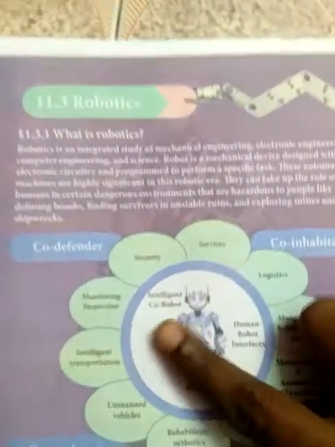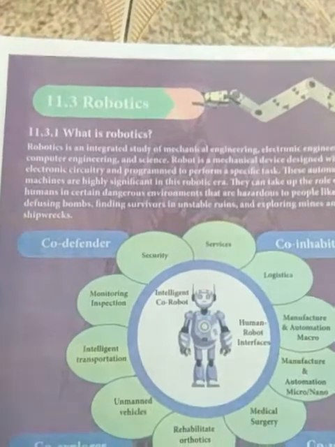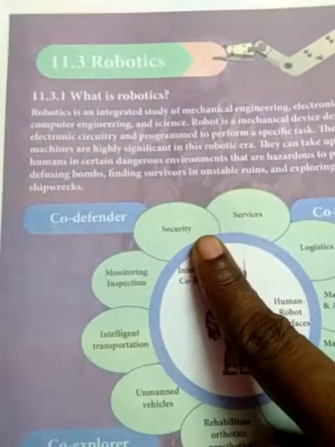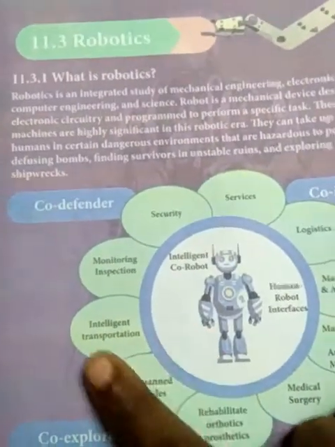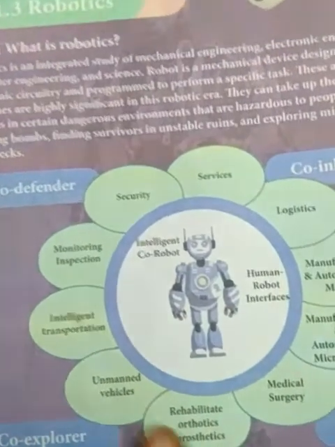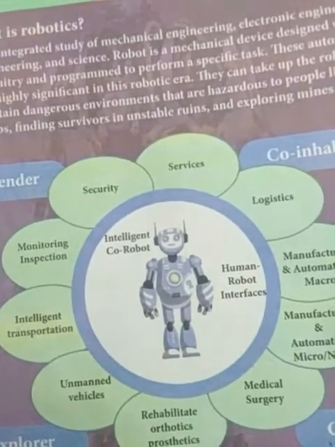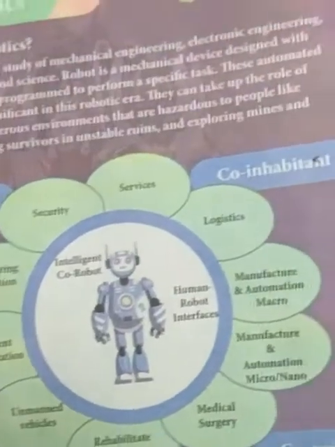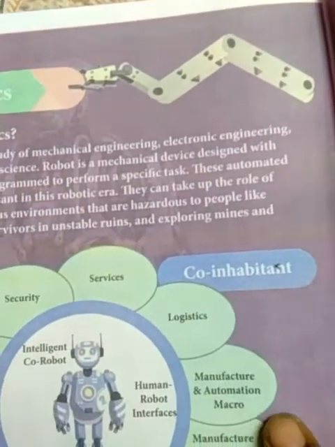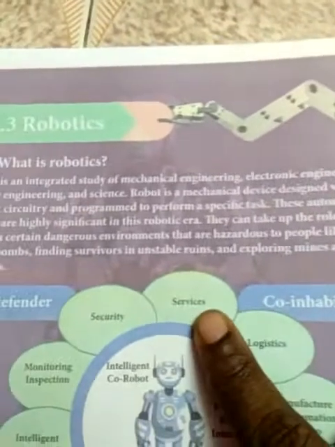So robots as co-defenders, co-inhabitants, co-explorers, co-workers. Intelligent co-robots, human robot interaction, security, monitoring, inspections, intelligence, transportation, unmanned vehicles, rehabilitation, orthotics, prosthetics, medical surgery, manufacturing and automation, micro and nano manufacturing, automation, macro, logistics and service.